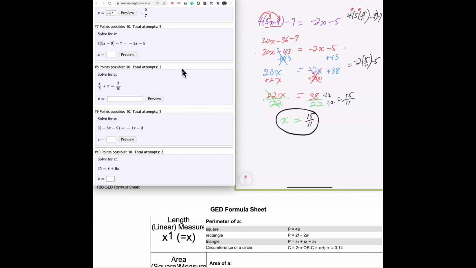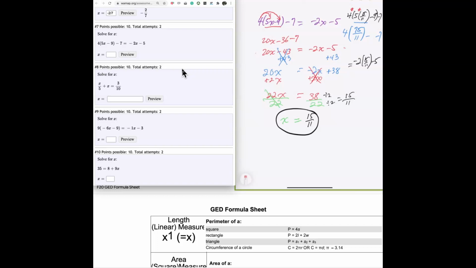All right, sorry for that. Let's keep going. Let's change colors. All right, so inside the parentheses we've got 5 times 15 elevenths, so 75 elevenths times 4 minus 9 minus 7. Okay, so I think we don't need this parenthesis.